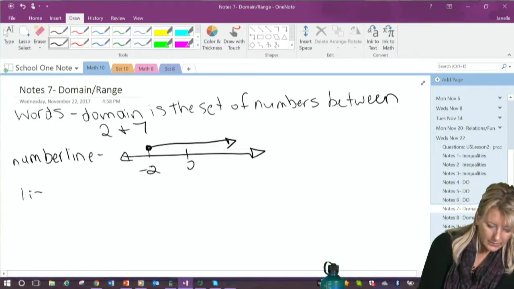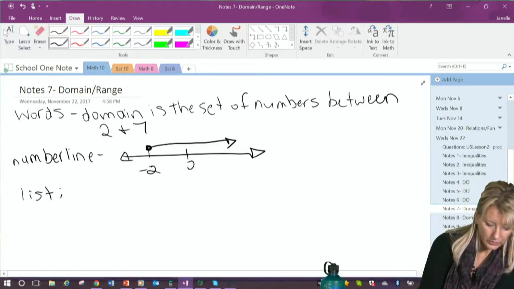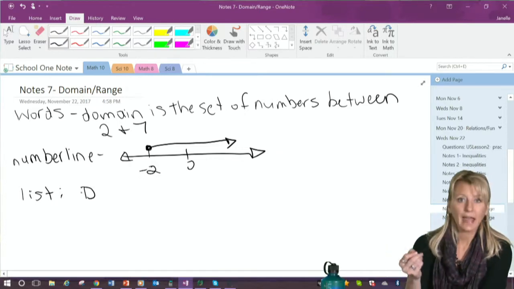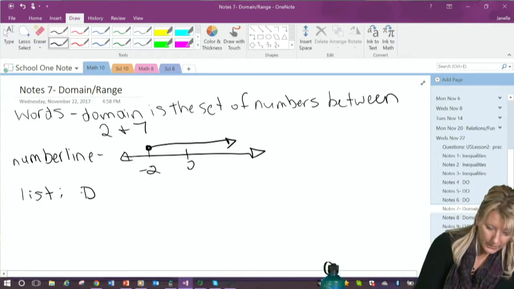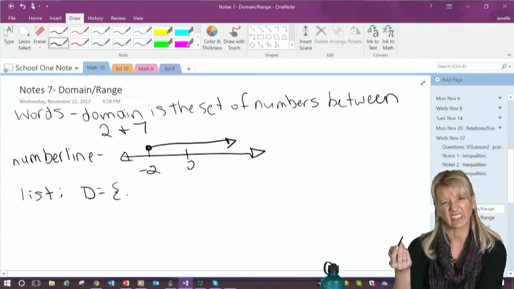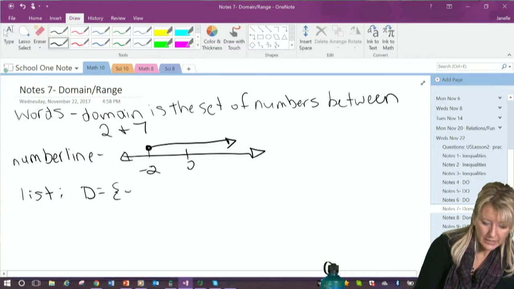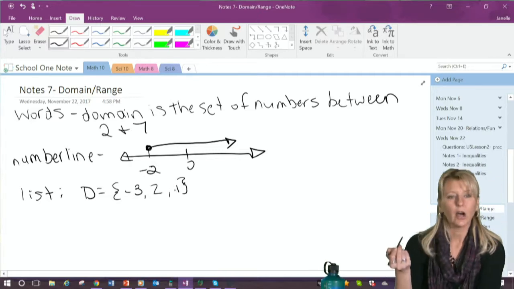The third way is a list. Capital D usually stands for domain. You put an equal sign, and then you use those funny little brackets that you guys have been using since grade 7 or so. It could be a set of numbers, so the domain includes things like this, and you close it off with the brackets.